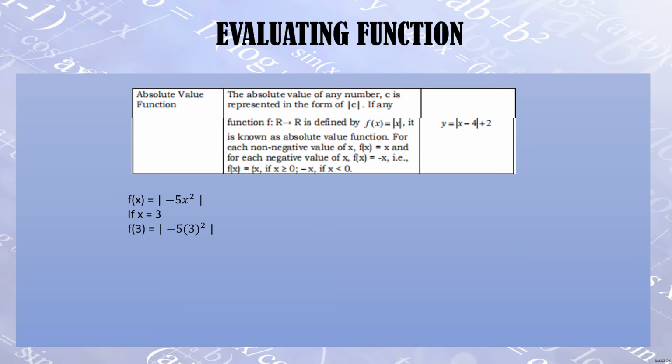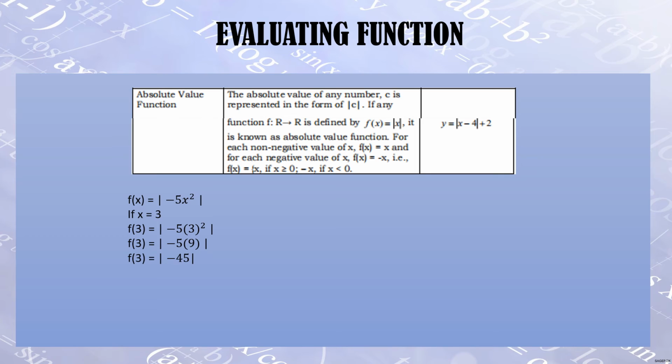So, same lang to sa pag-evaluate natin kanina na pinapalitan lang natin or sinasubstitute natin yung given value ni x sa ating original equation. So, we have now f of 3 equals the absolute value of negative 5 multiplied by 3 squared. Evaluate muna natin yung exponent. Yung may exponent, that is 3 squared or 3 times 3, which is 9.